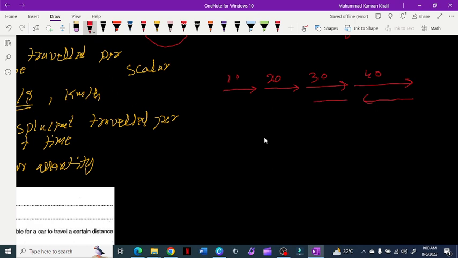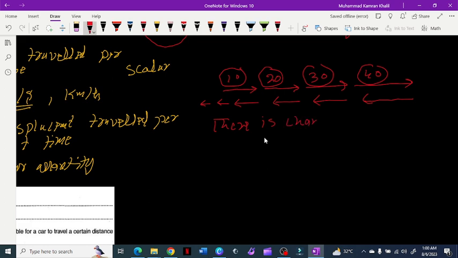That 40, then 30, then 20, then 10, then 5, 3, 2. So there is no change in direction, but gradually the magnitude, the value of the speed is decreasing. So it means that there is change in velocity, because the magnitude of the speed is changing.